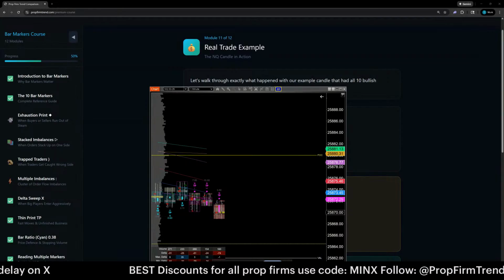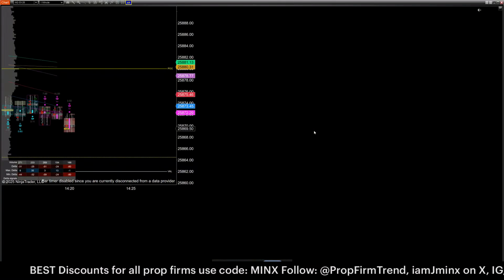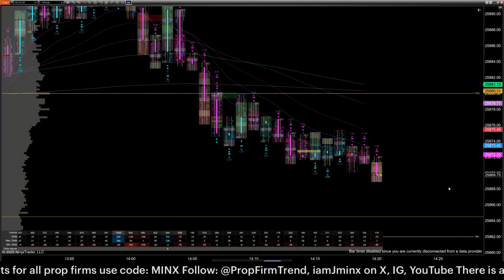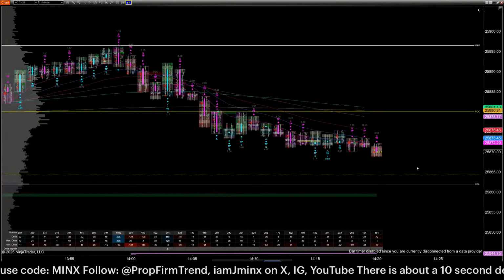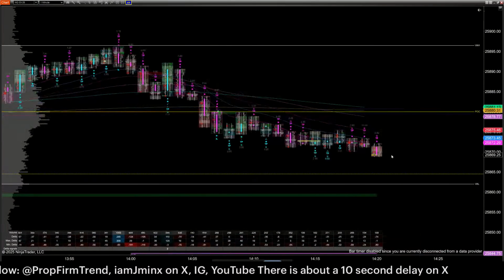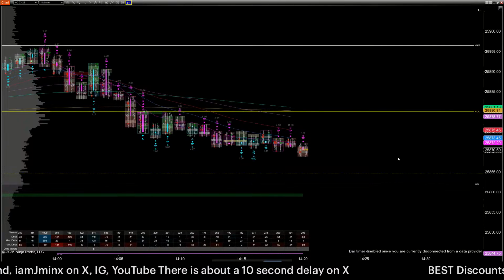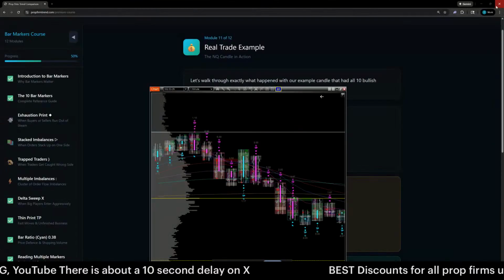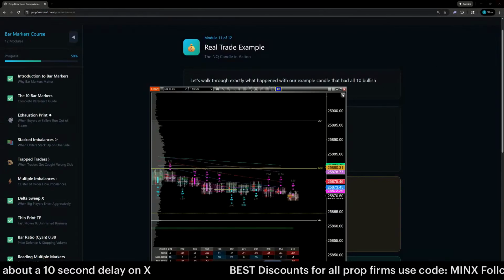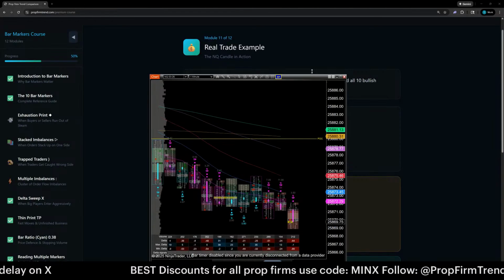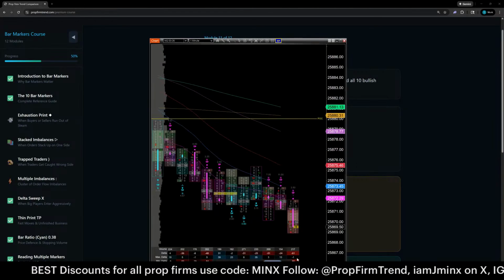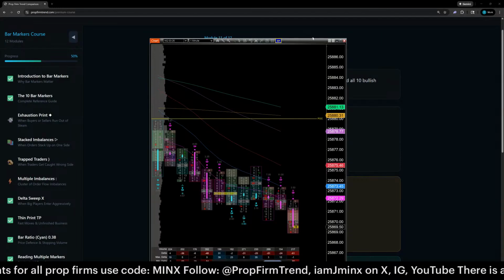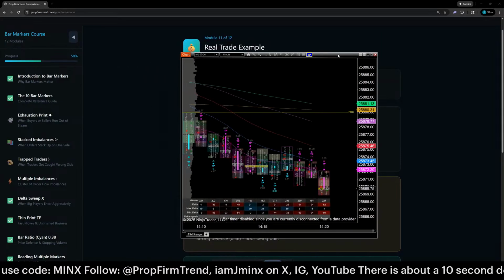Yep. See how that green line just went away? It's no longer there. Took the orders. But as you guys can see, there's really no volume. It's pretty weak.